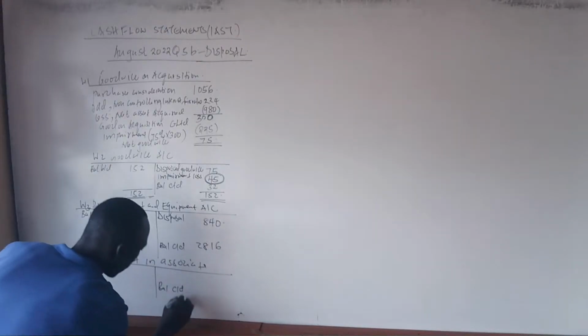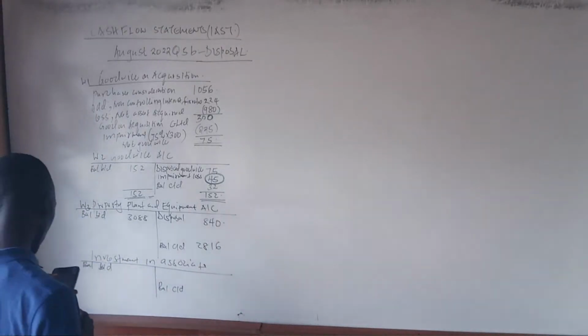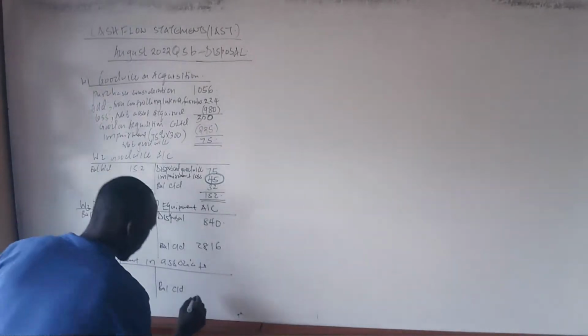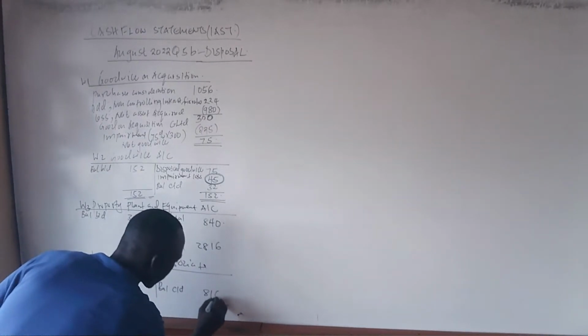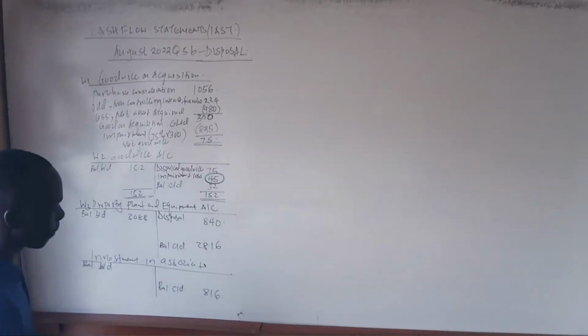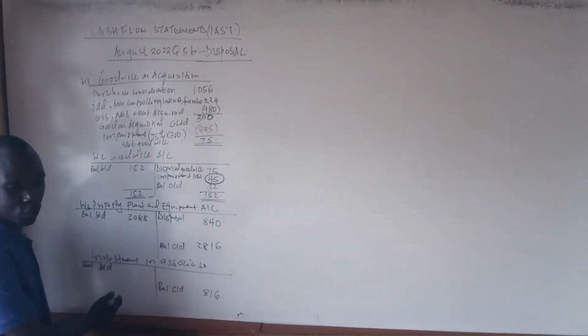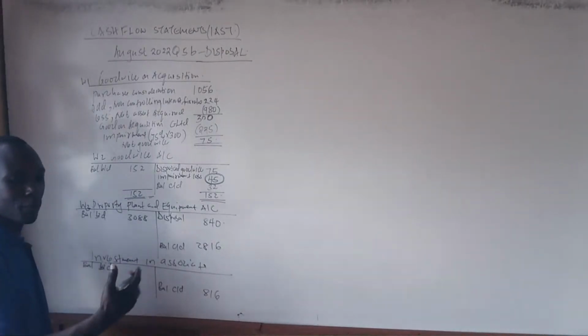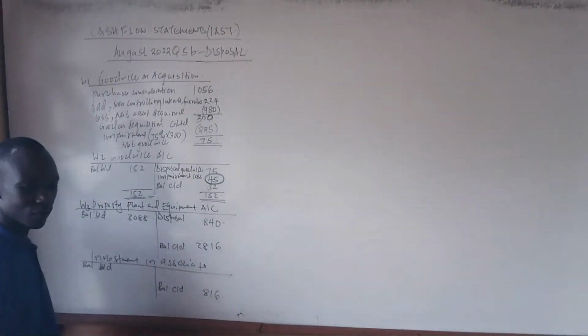Then from there, give me the balance carried down. How much was carried down? We are given 816. Remember, this associate company paid dividend. When they paid dividend, we received, isn't it?